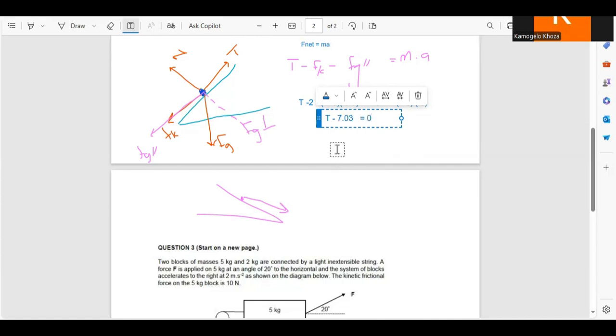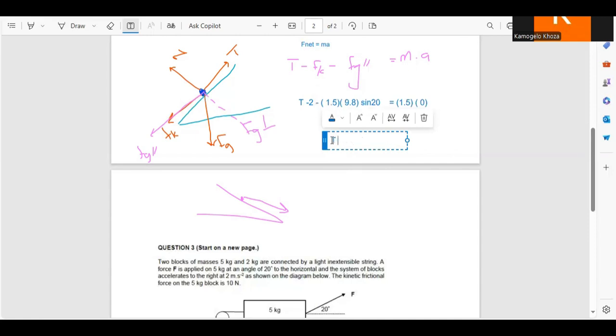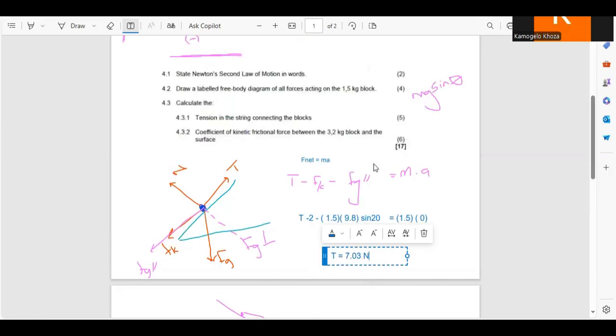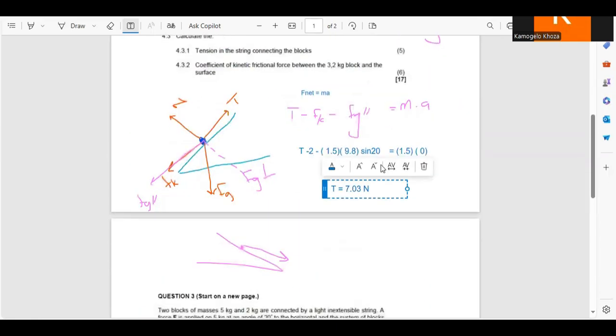Now this simply means that your tension is equal to 7,03 newtons, and because tension is a force and a force is a vector quantity, it has both magnitude as well as direction, meaning that we need to allocate direction for this, and we said our upward movement is going to be positive, so we're going to say upwards. Now we have calculated our tension.